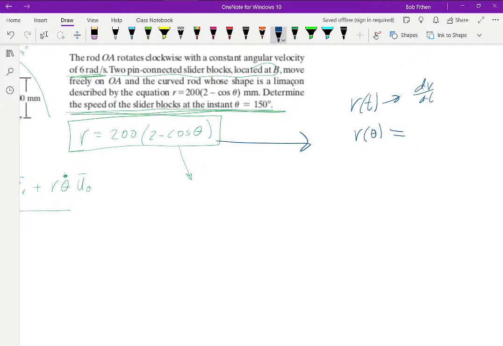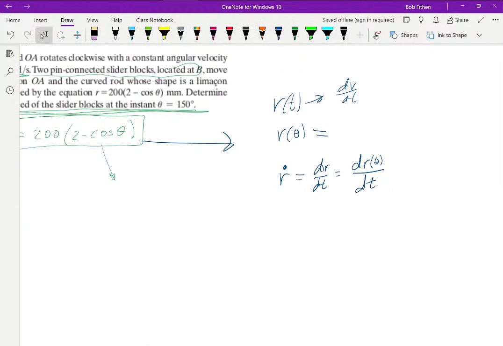So let's do this way. Since r is a function of theta, we can list it this way. However, I can't take that derivative, but I can take this derivative.